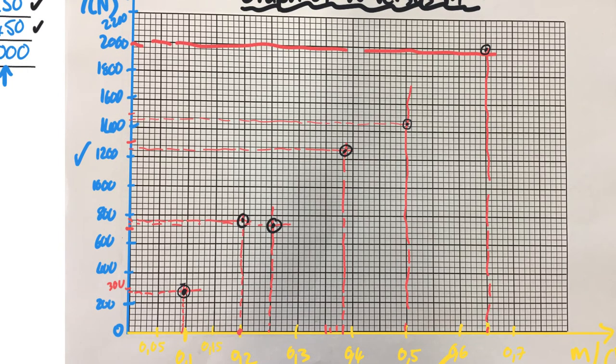Now for plotting the points, there's 3 marks for plotting the points. So plotting the points is really important. And now we're going to draw the line of best fit.